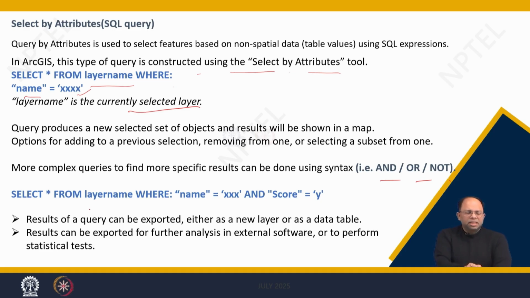One example is SELECT * FROM layer name WHERE name = XXX AND store = Y. Results of a query can be exported either as a new layer or as a data table. So whatever we get as a query result, we can save as a new data table or a new layer, and results can also be exported to external software for further analysis or to perform some statistical tests as well.